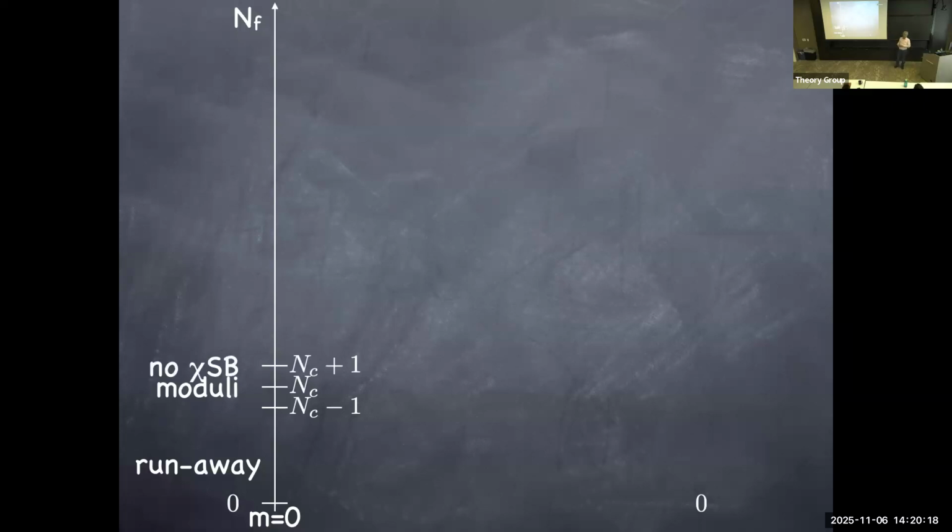And that's also true even if you go one step higher. If you have more flavors, something really bizarre happens. So quarks start to get confined into baryons, but the baryons break up into smaller pieces, which transform under a different gauge group from the original SU(N) gauge group, which is called the magnetic gauge group.